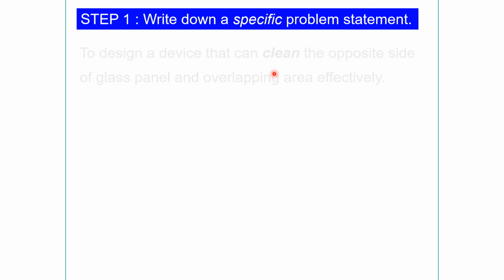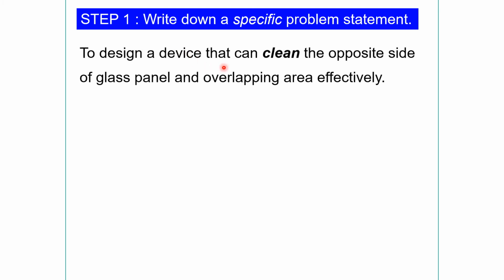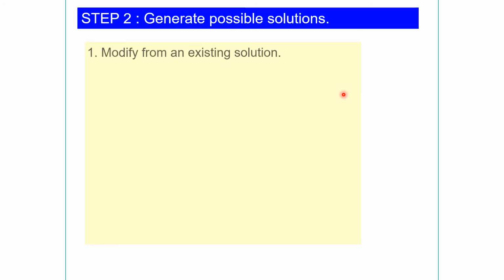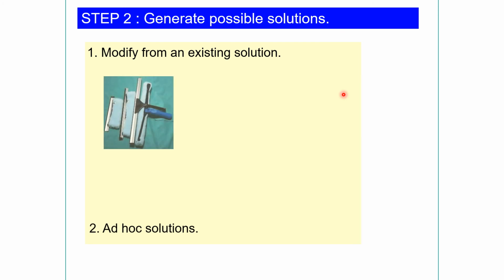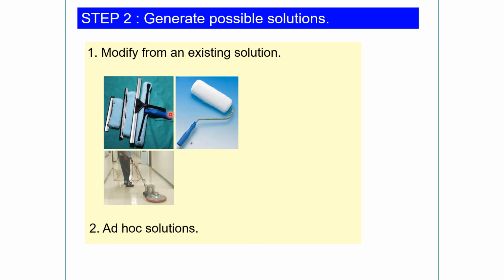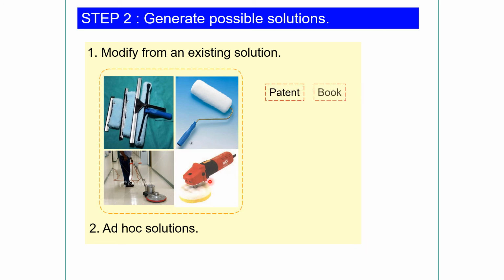Write down a specific problem statement: to design a device that can clean the opposite side of the glass panel and overlapping area effectively. Generate possible solutions, modified from existing solutions like wipers, paint cleaners, drill machine cleaners, so multiple.